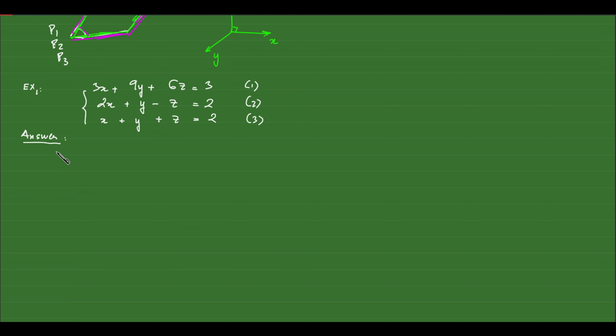I'm going to add the second equation to the third equation, and I get 3x plus 2y equals 4. Then we can solve x in terms of y and plug over here. Maybe. What do you think?